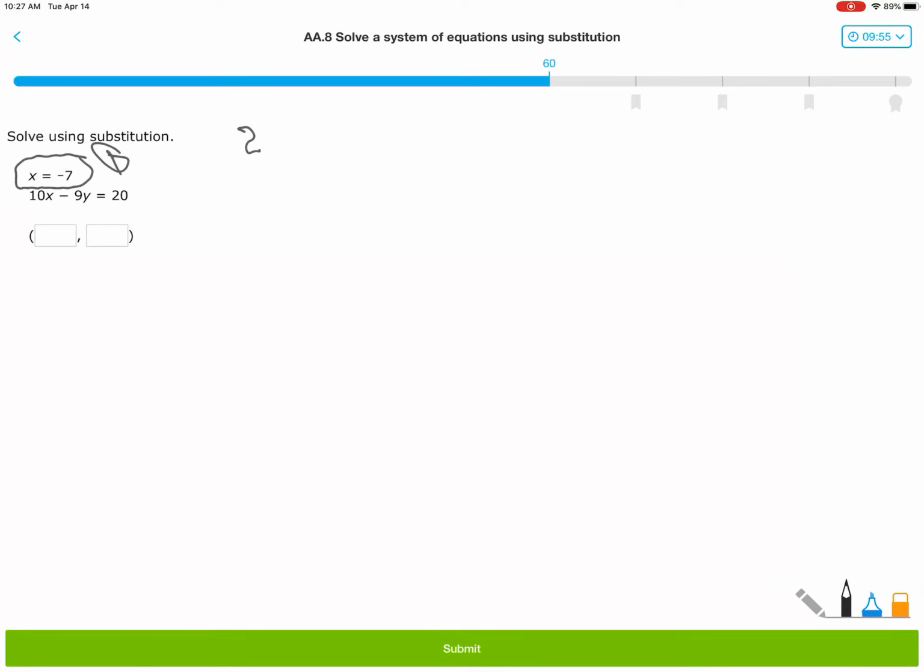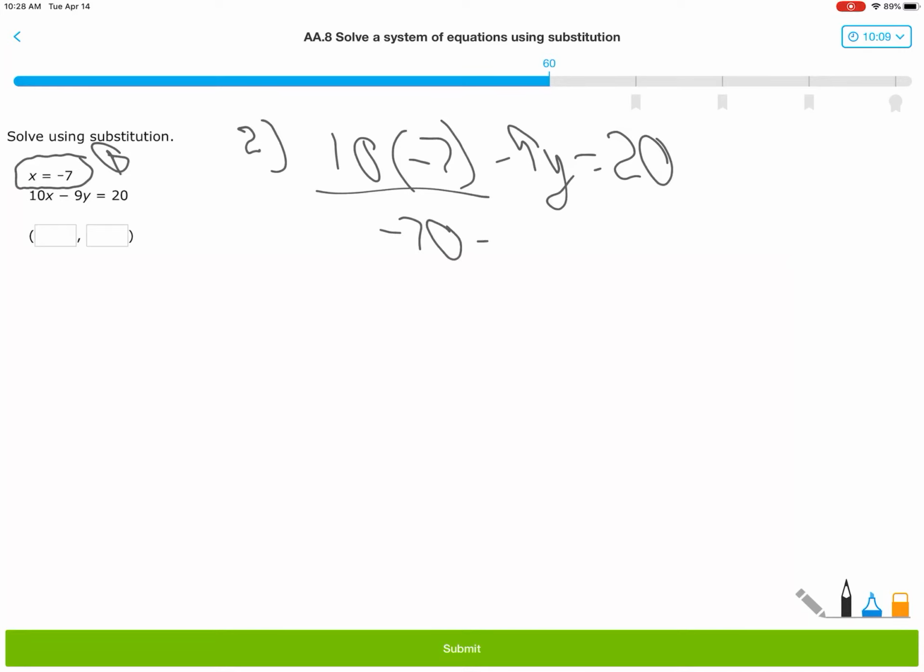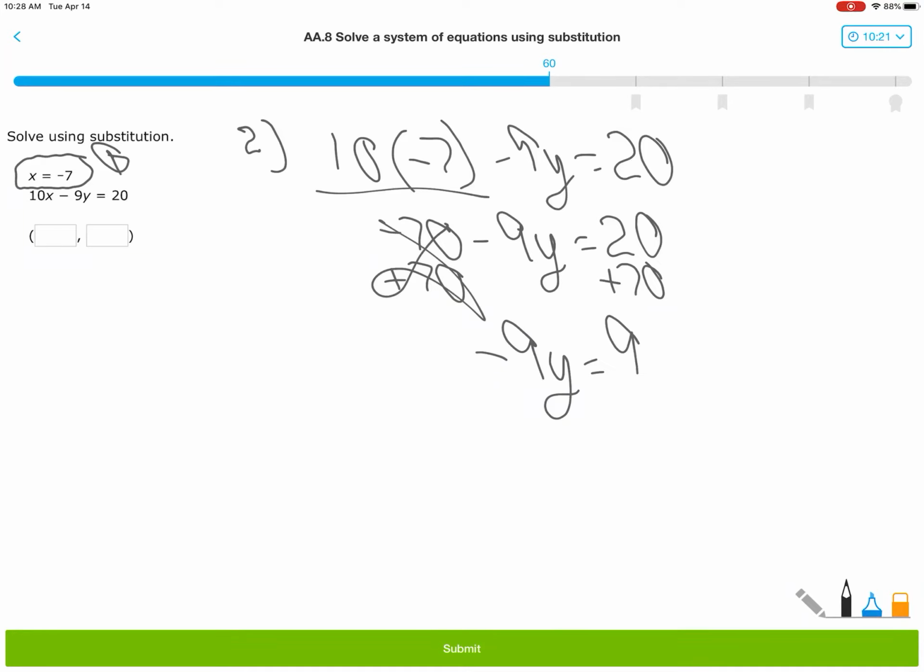Step 2, I'm going to put that into the other equation. 10 times negative 7 minus 9y equals 20. That gives me negative 70. Add 70. Negative 9y equals 90.